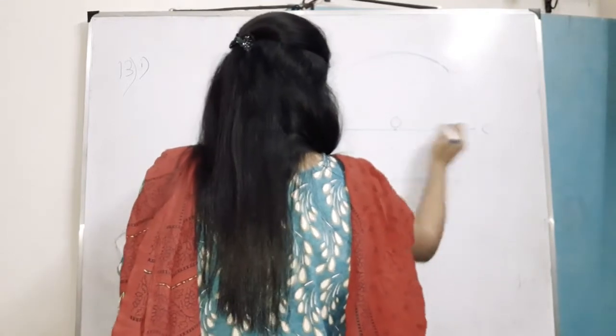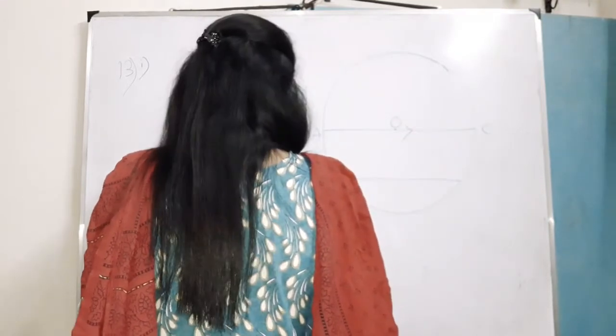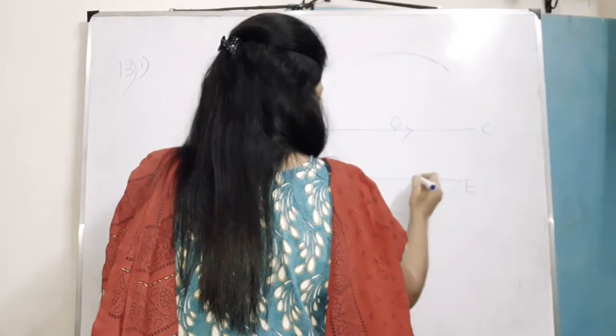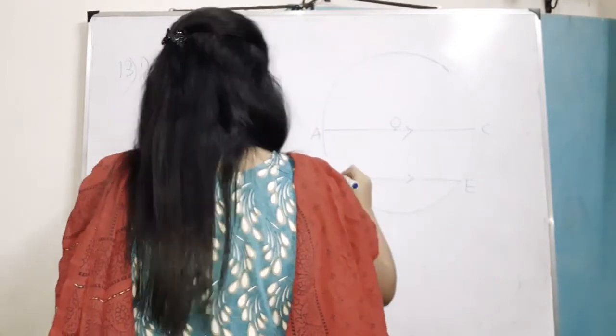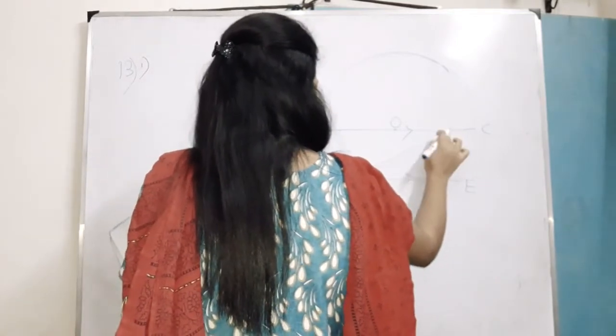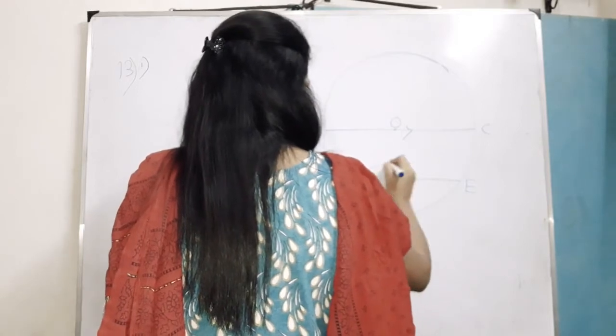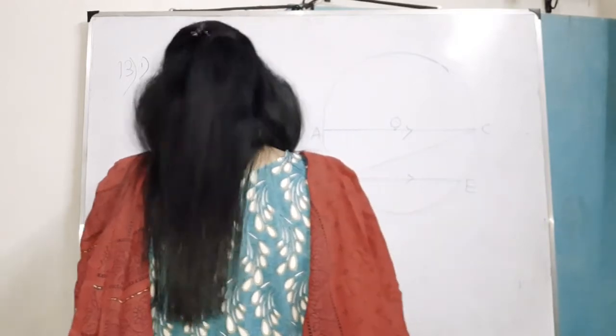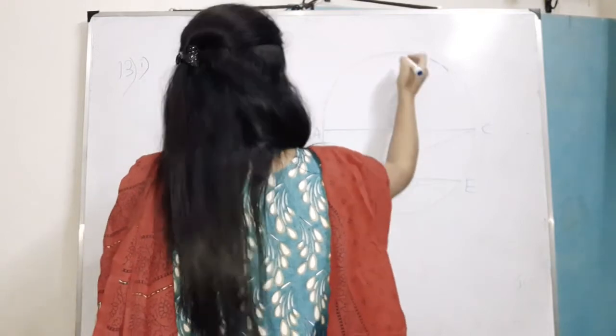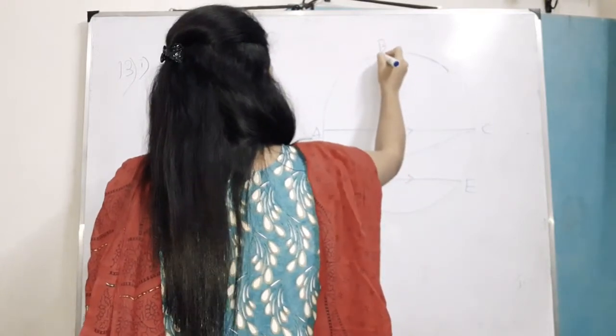AC is the diameter here. DE is parallel to AC. Join DC and one more point is there, B.